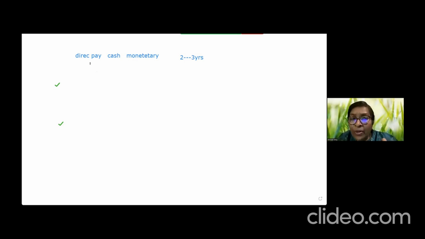Okay. So when we're talking about direct pay, the first and foremost is what? Base salary. Okay. What is a base salary? I'm sure everybody knows about it. When you get an appointment letter, base pay is anything which is guaranteed.